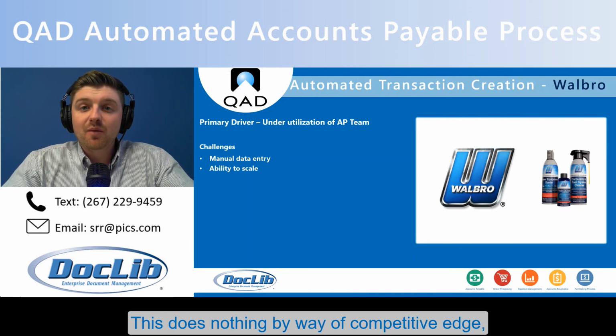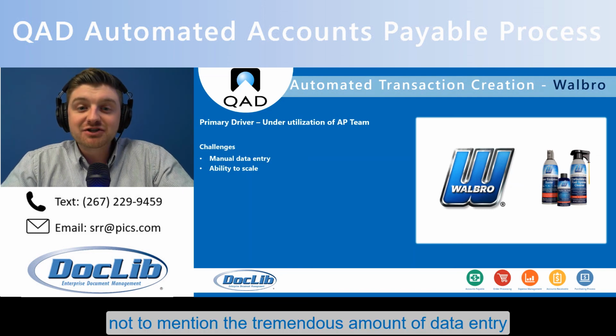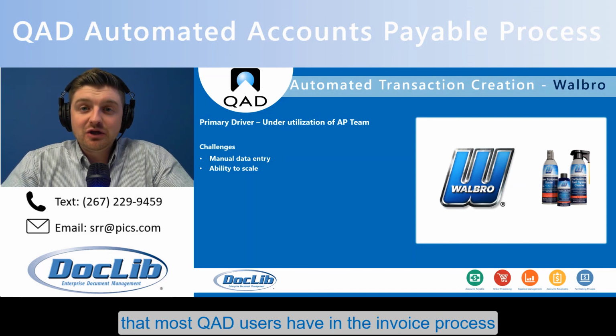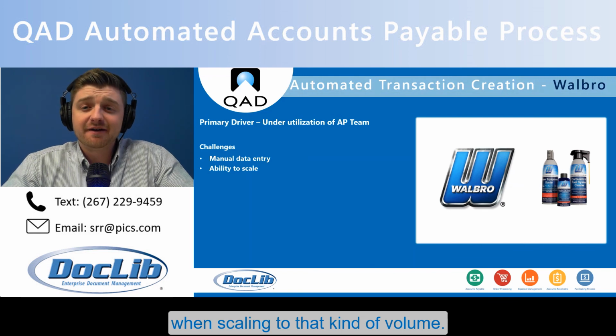This does nothing by way of competitive edge, scaling that type of process, not to mention the tremendous amount of data entry that most QAD users have in the invoice process when scaling to that kind of volume.